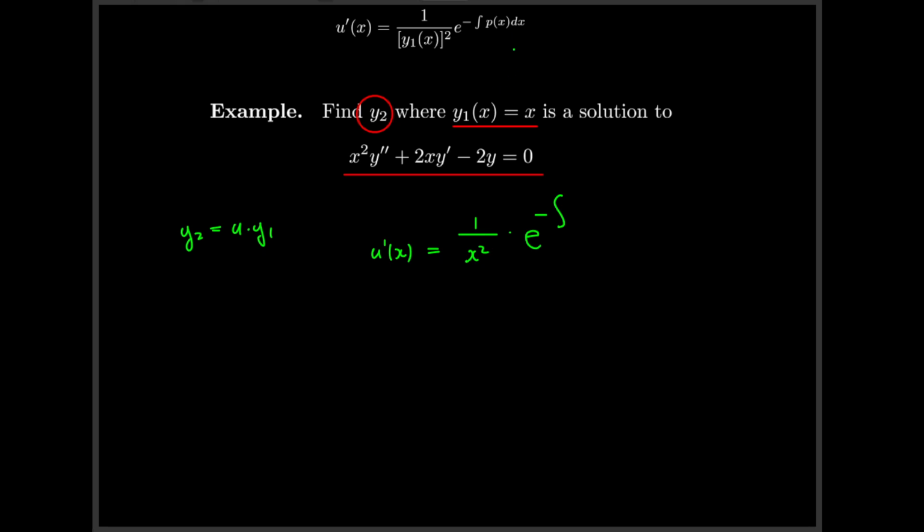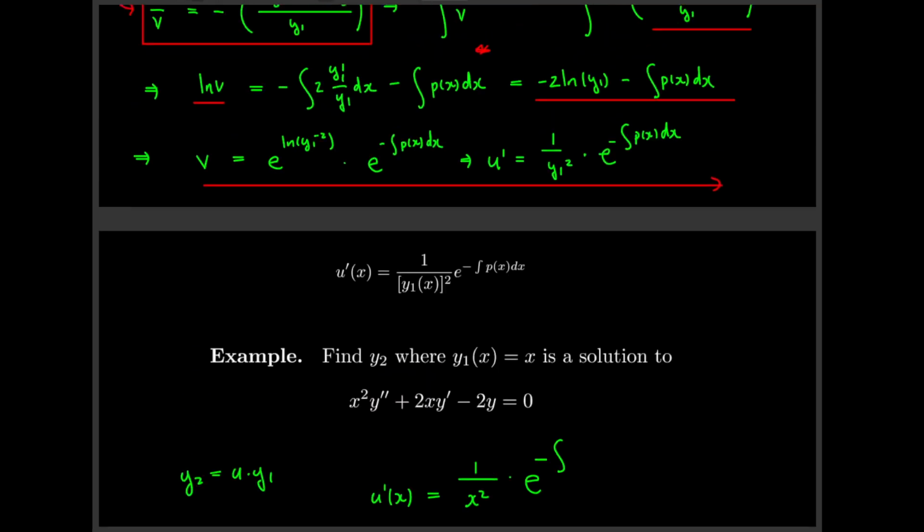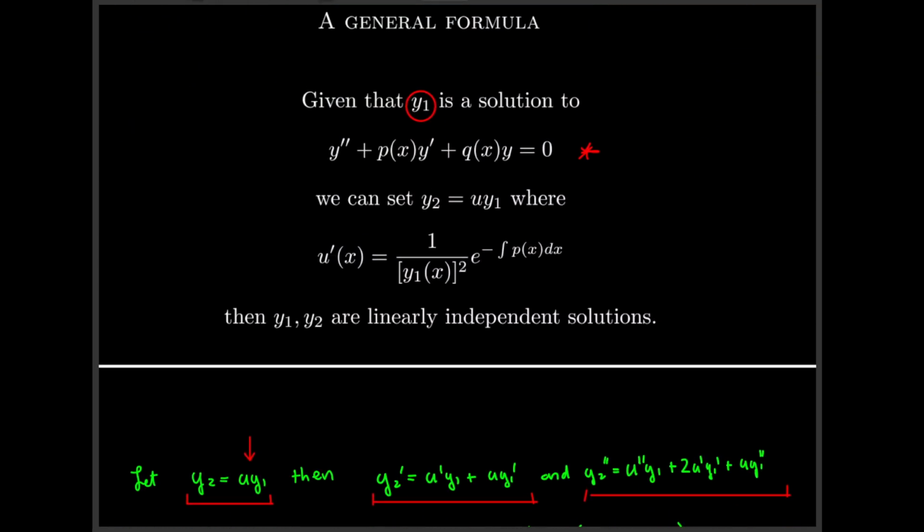And now we have to determine what is p of x. But we are not actually in a position to know what p of x is yet. And the reason for that is because we haven't yet put this equation in the form that we need. The form up here is like this.